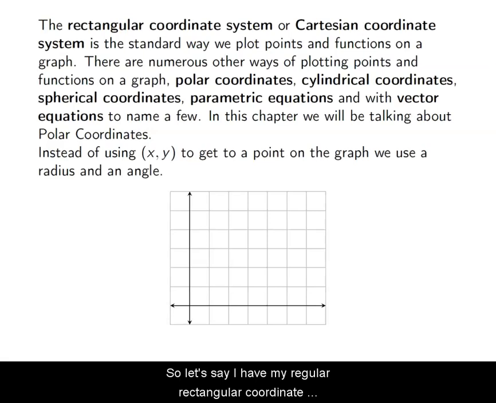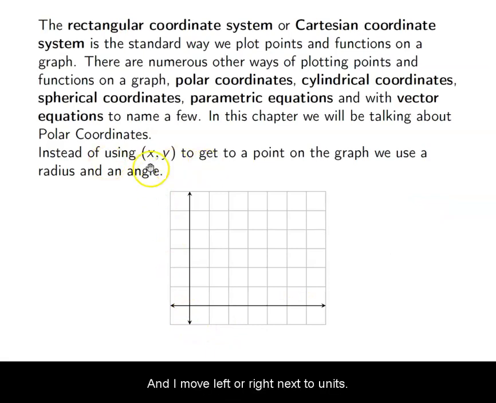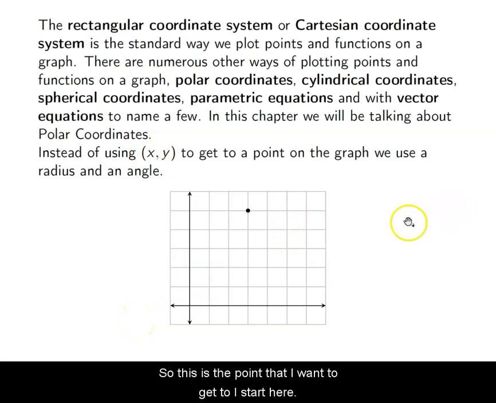So let's say I have my regular rectangular coordinate system. If I want to plot a point x, y on this graph, I know that I start at the origin and I move left or right x units. Okay, so if this is the point that I want to get to, I start here. And I kind of think of these as city blocks, right? Like I can't go up the middle, so I kind of go along the edges to get to my point.